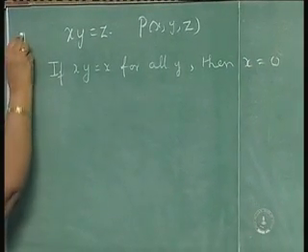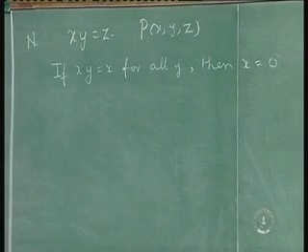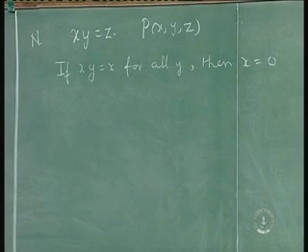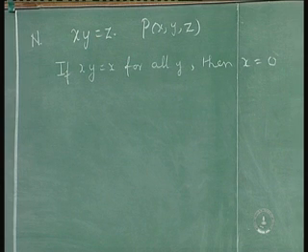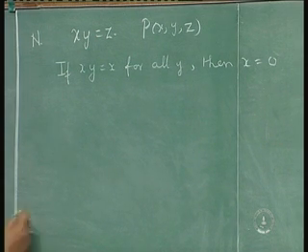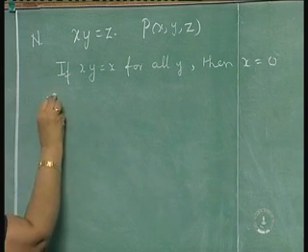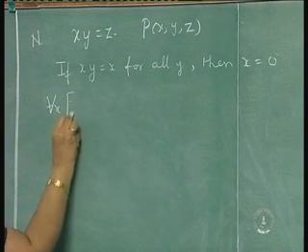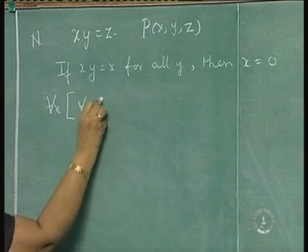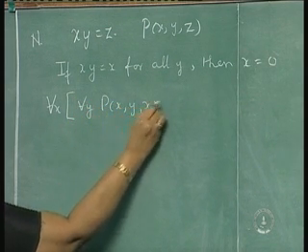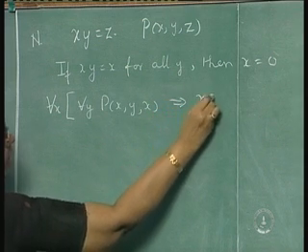Taking the universe to be the set of non-negative integers, if xy is x for all y, that means x should be 0. How will you write this in logical notation? You will write it like this: for all x, for all y, P of x, y, x implies x is equal to 0.